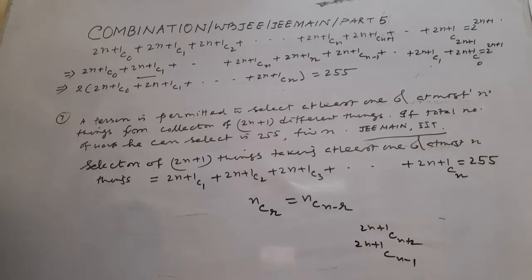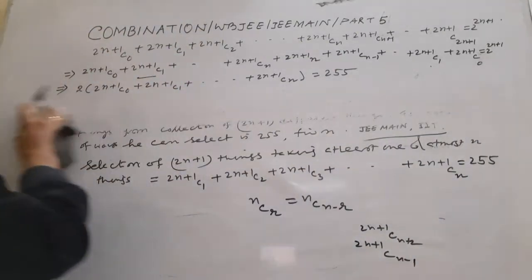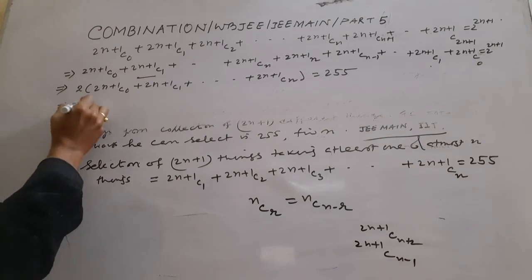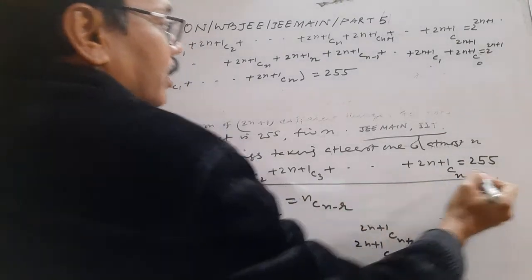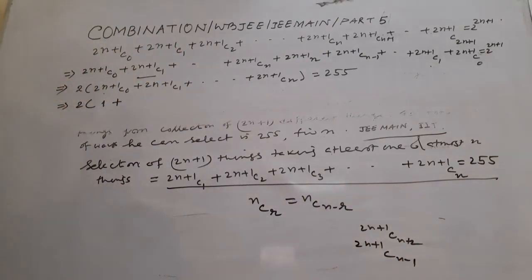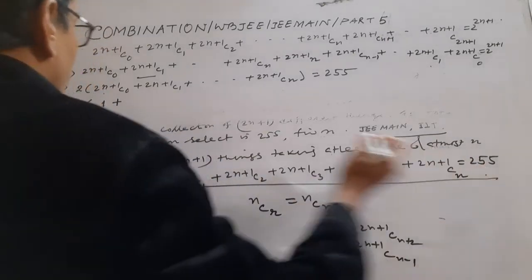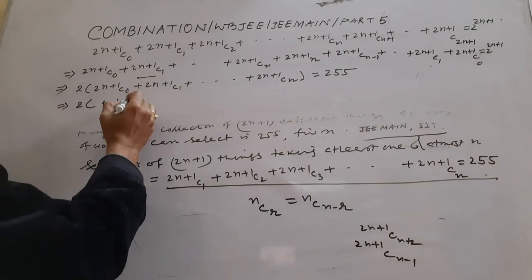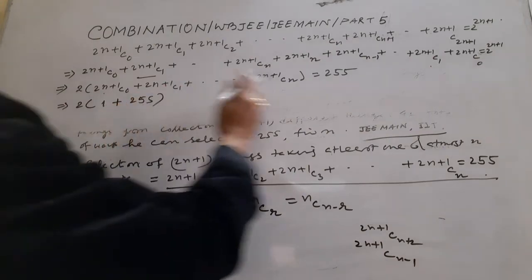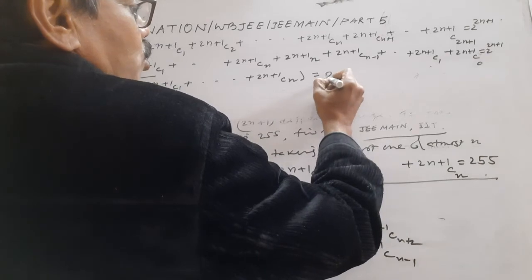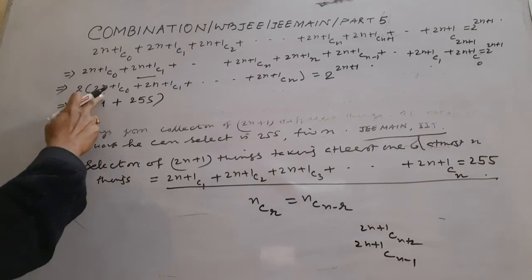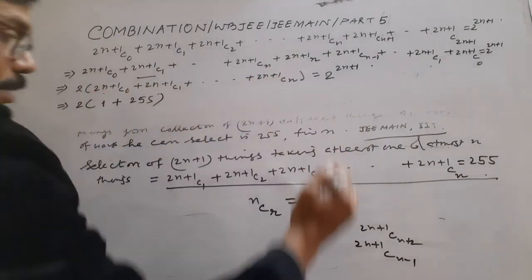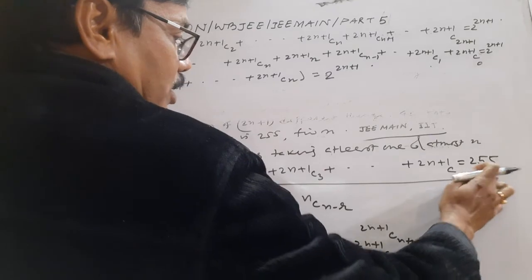Now look, 2n plus 1 C0 is 1, and from this to this it is given as 255. Sorry, this whole sum is 2 to the power 2n plus 1. So 2 into this one, which is 1, and from this to this, by our well known result, is 255.